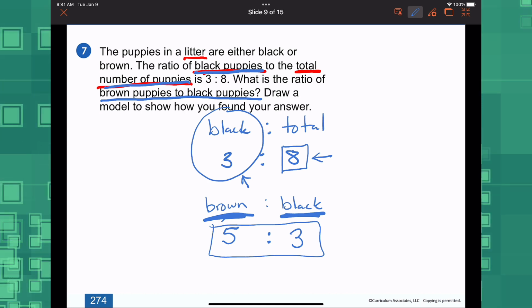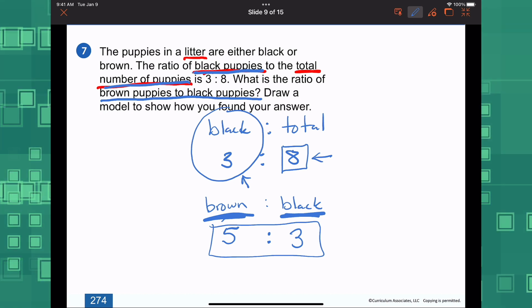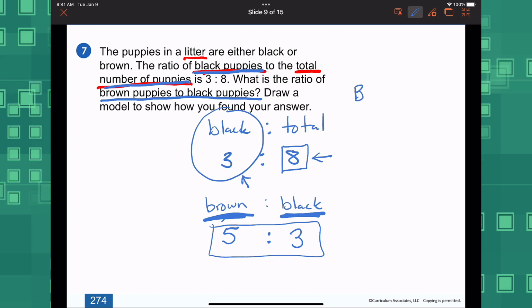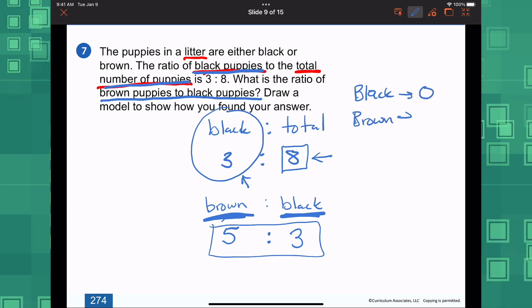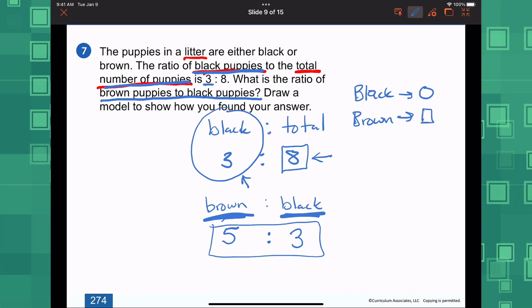To draw a model that supports this, we have, again, black puppies. Black puppies will represent those with circles, and then brown will represent those with squares. I know for a fact that I have 3 black puppies. 1, 2, 3.